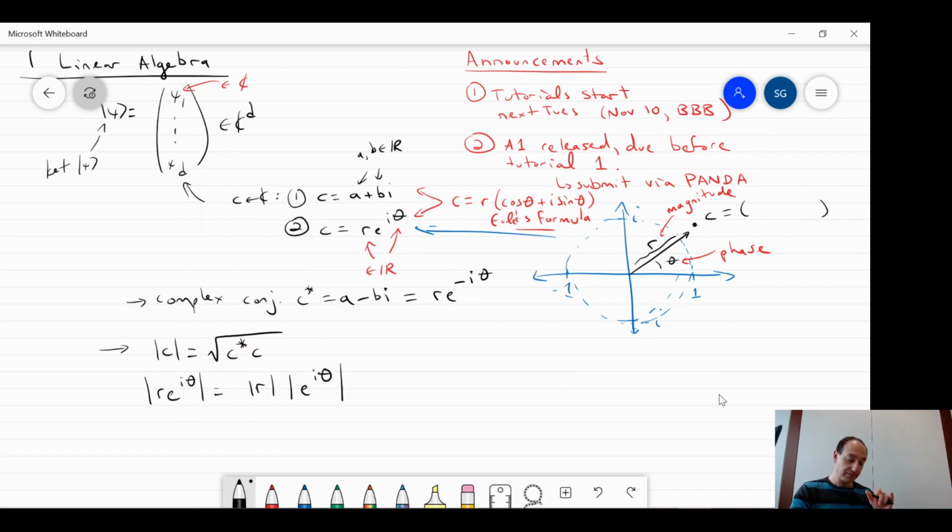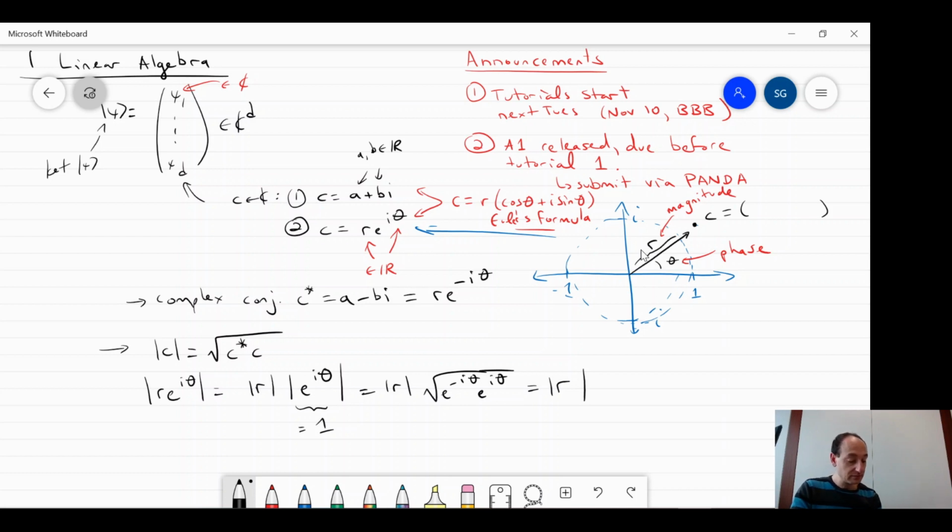This is just the multiplicativity of the absolute value function. And the norm of this is just equal to 1, right? That's just equal to r times the square root of e to the minus i theta times e to the i theta. So this is just the absolute value of r. And this is exactly what this picture suggests, that the magnitude of a complex number should be the length of this vector r. That's exactly what it is.